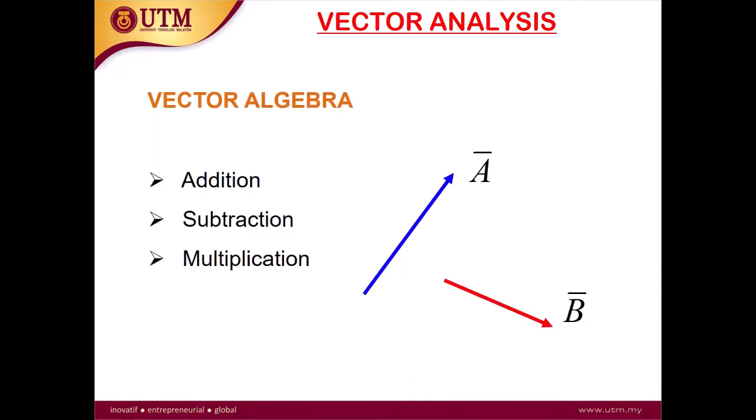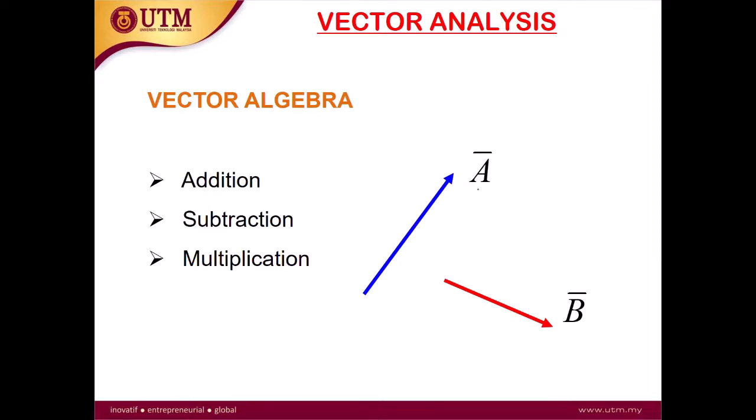Well, now that you understand vectors, what can we do between two vectors? Can we do addition, subtraction, or multiplication? And what are the properties of those operations? Alright, let's say we have two vectors.